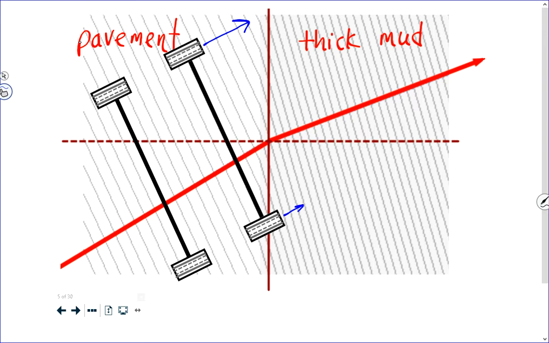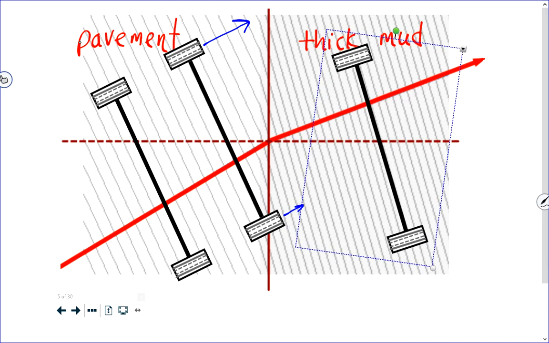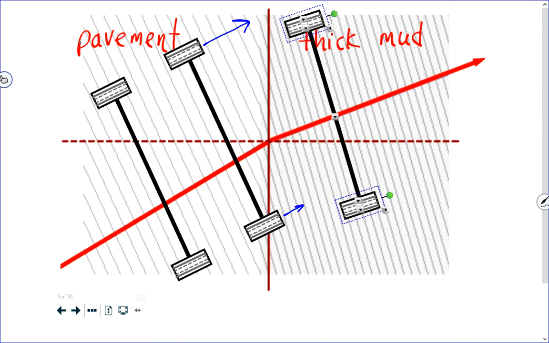The top end of the axle will be moving faster, so the whole thing will rotate clockwise. And then the result is going to be that when it finally gets into the mud, it will be traveling at a twisted angle. Now this analogy only goes so far, and it's not a perfect analogy, but it gives you an idea of what's happening in general to the wave.